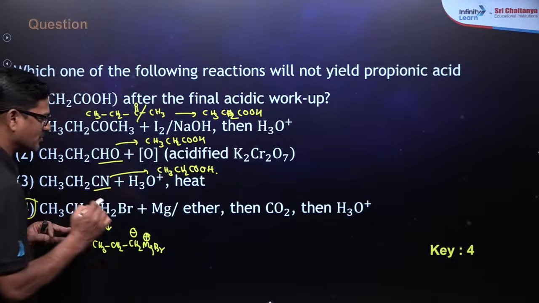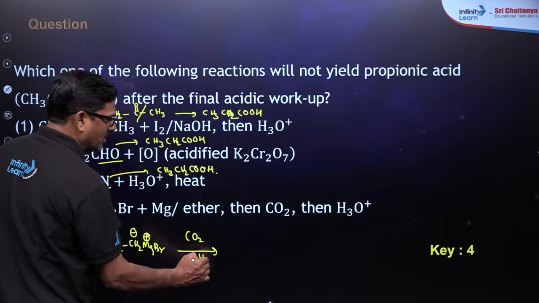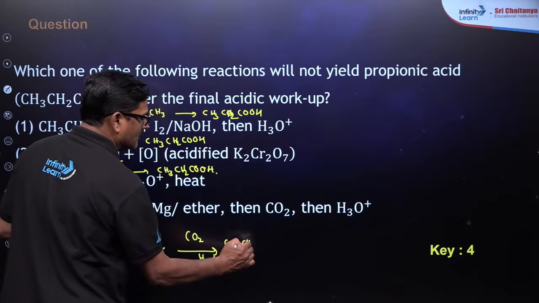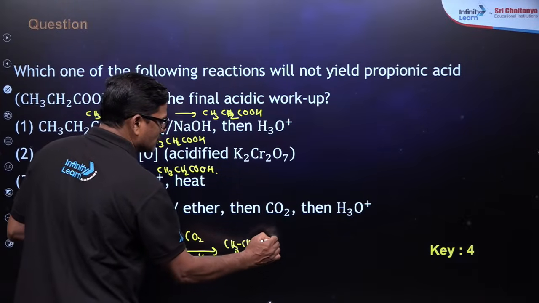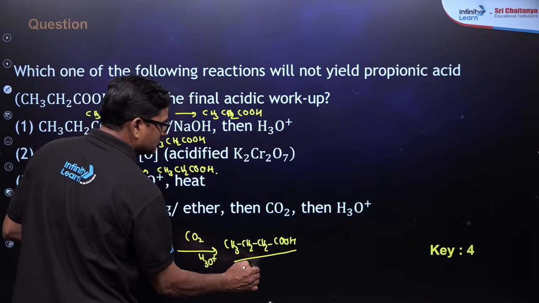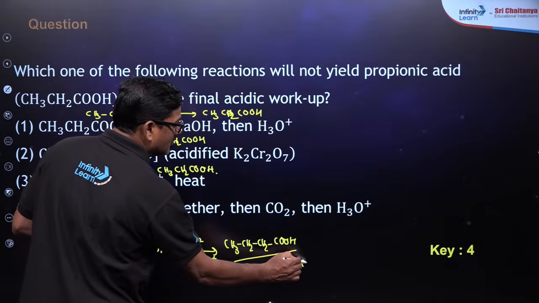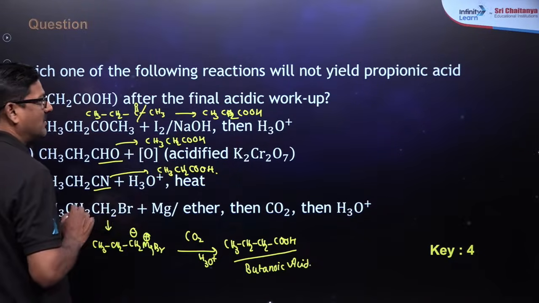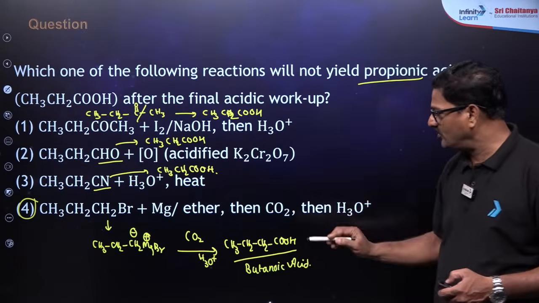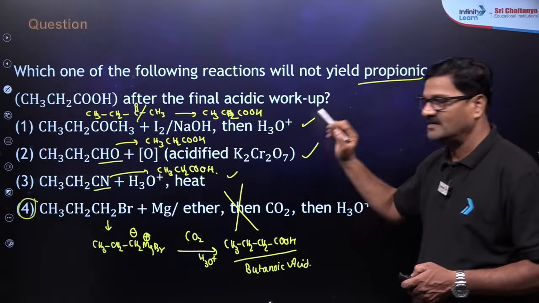This propyl magnesium bromide is treated with CO2 followed by hydrolysis. You are going to get CH3CH2CH2COOH, butanoic acid. Butanoic acid is formed, but it is not propanoic acid, so it cannot be the option. So you will get propanoic acid in the other three cases.